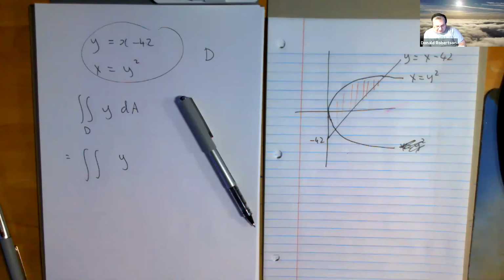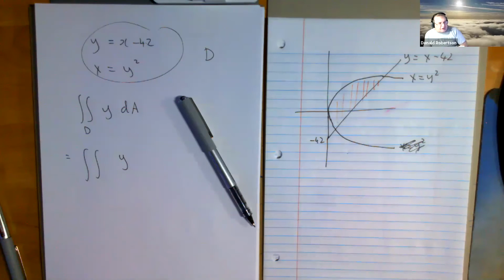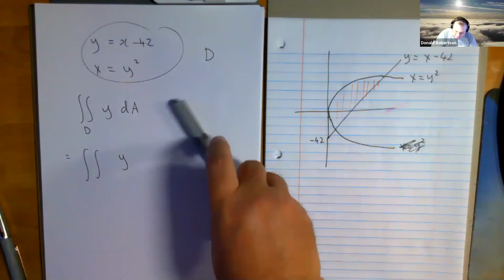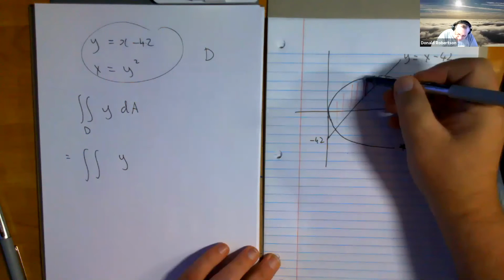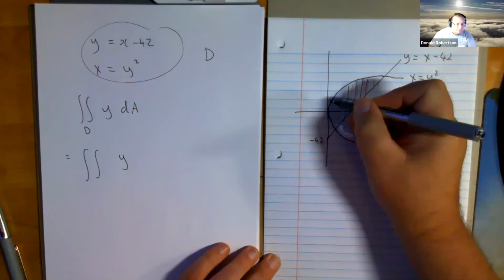I got to decide here, do I want to go x's, do I want to go y's? Do I want to go vertical, or do I want to go horizontal? The way you decide that, if both work, it's fine, right? But if only one is going to work, imagine random vertical lines. Isn't everything fine until I hit here?